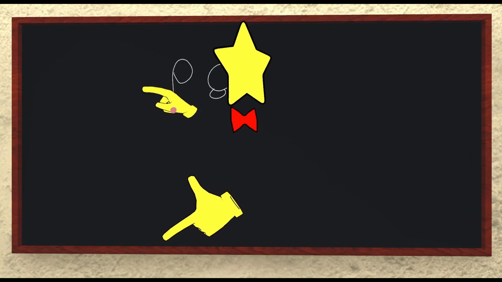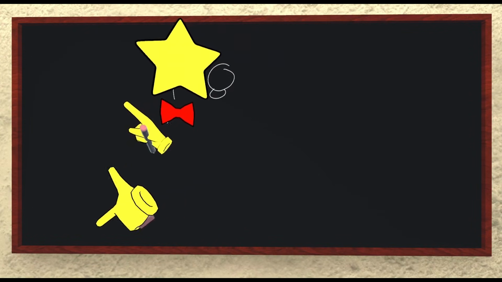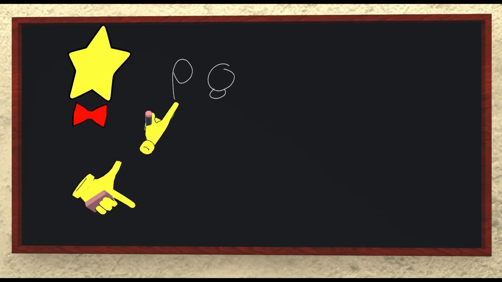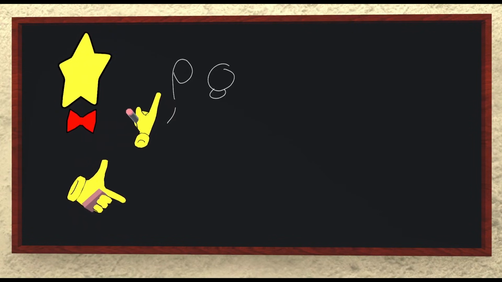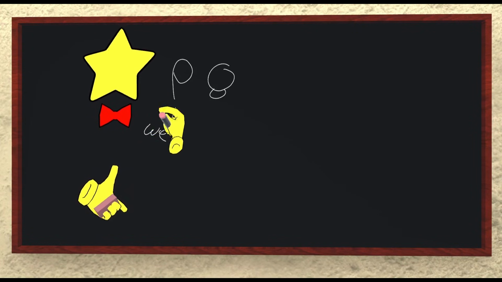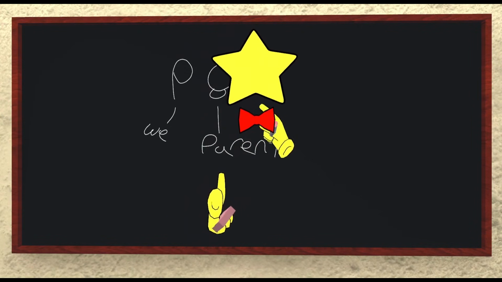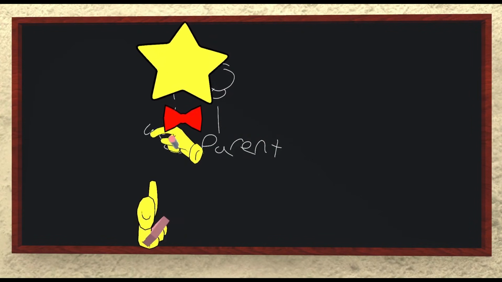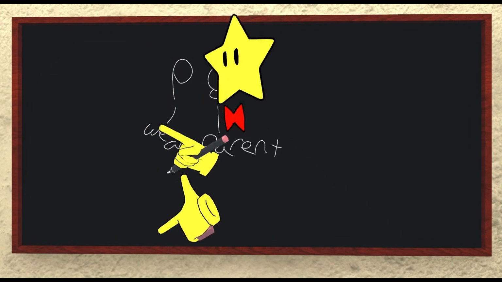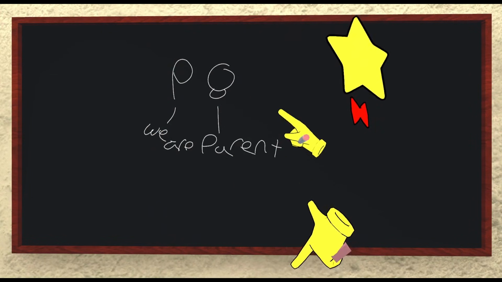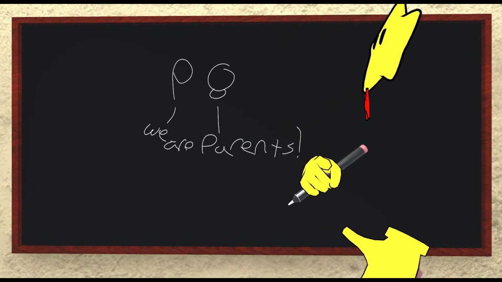You can see that mi doesn't just refer to a single person in this case. Mi is now plural. We. And then mama, parents. And of course we have a little bit of grammar glue that comes in with English. We are parents!